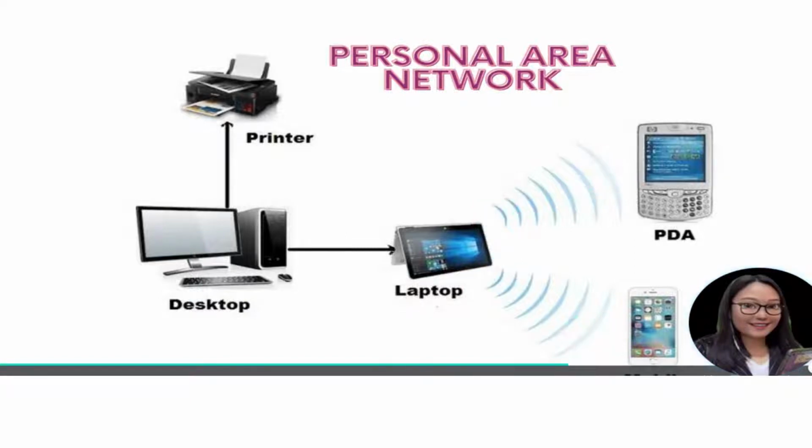First is the personal area network. As you can see in the images, there are devices such as a printer, a computer, PC, desktop, a laptop, a mobile, and a PDA. A PAN is a small network which is established for communication between different devices. So we have the laptop going to the PDA.